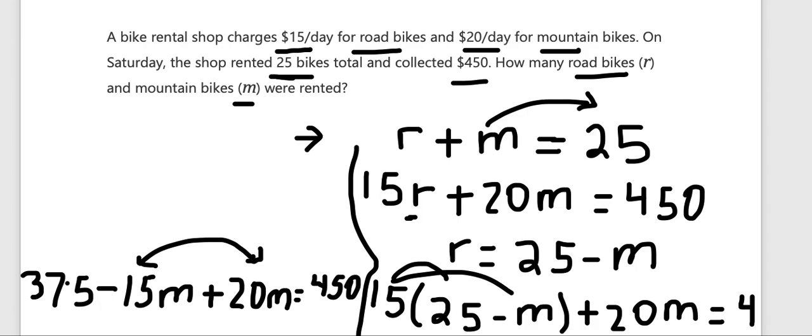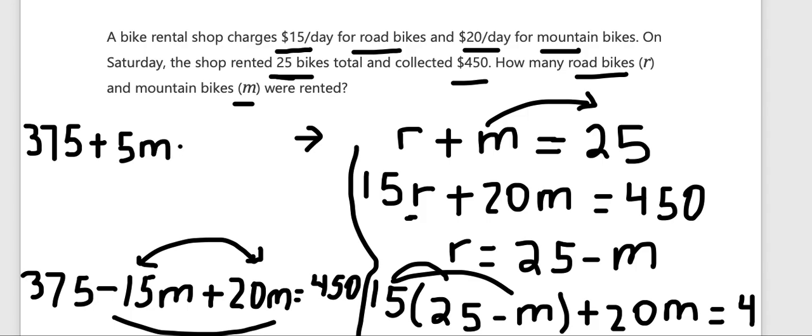Okay, so now I have 375 because I didn't do anything to that. The only thing I did is combine like terms. And when I have negative 15M plus 20M, that gives me positive 5M. So that's plus 5M equals 450. So now I have a two-step equation. So let's solve the equation.